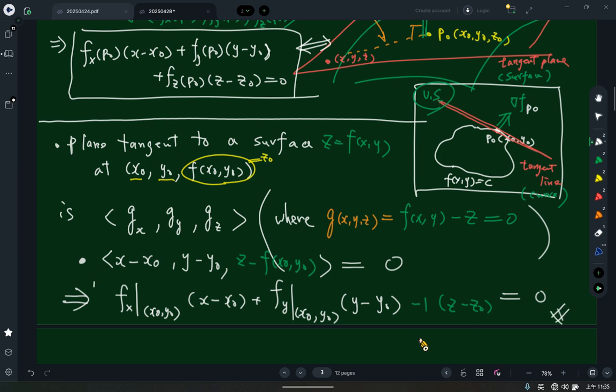So finally, in this case, we will follow this formula.